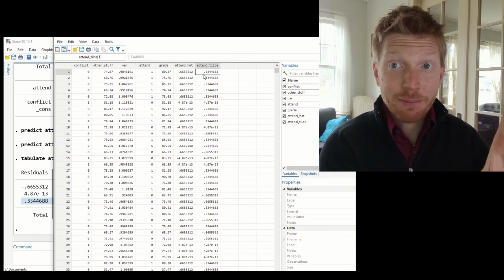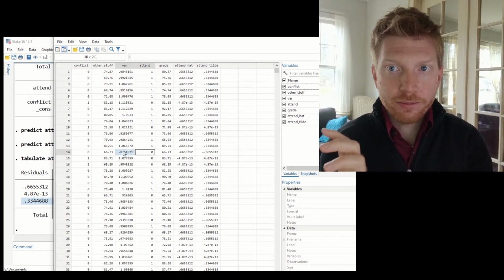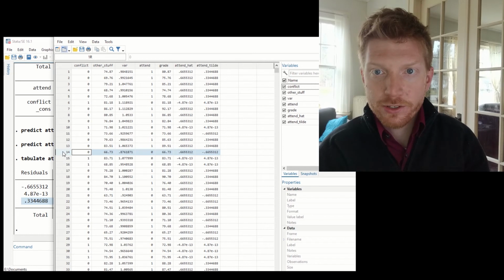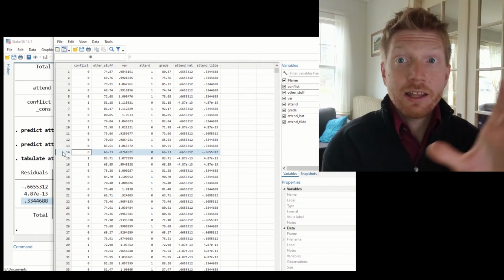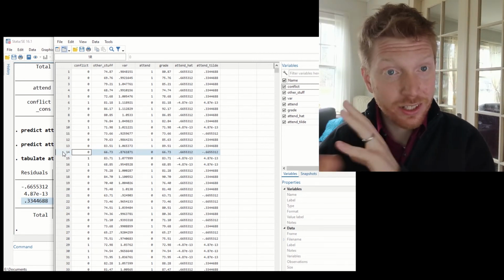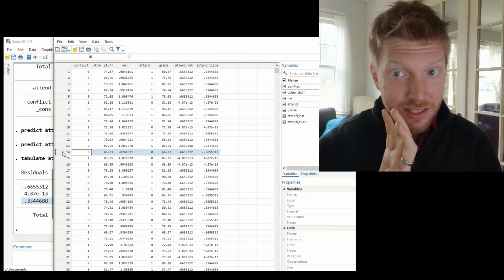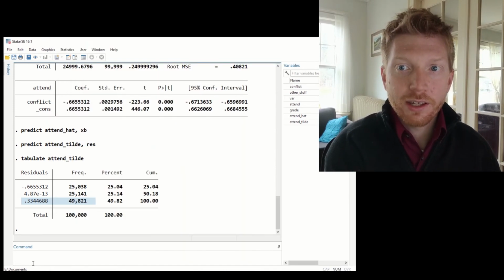The attend hat portion is that 66. The other stuff is that 30. Here's someone who didn't have a conflict but did not attend. The attend hat is still 66, but the attend tilde, that portion we're not interested in. This is a slacker. They could have gone, but they did not. That is the attend tilde.